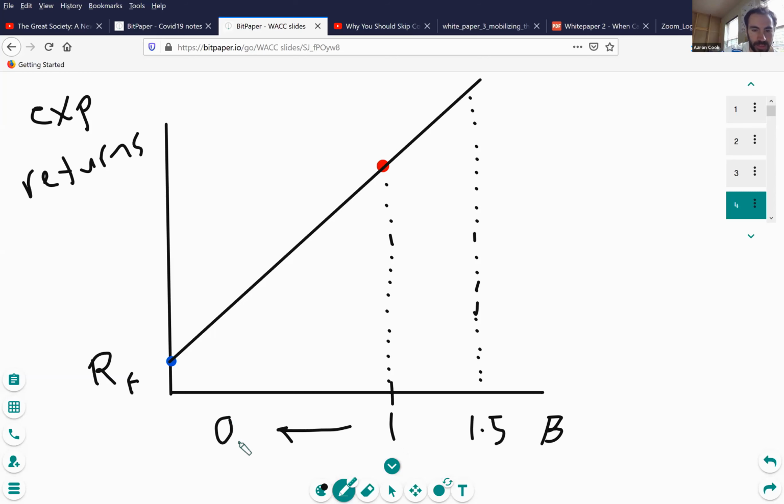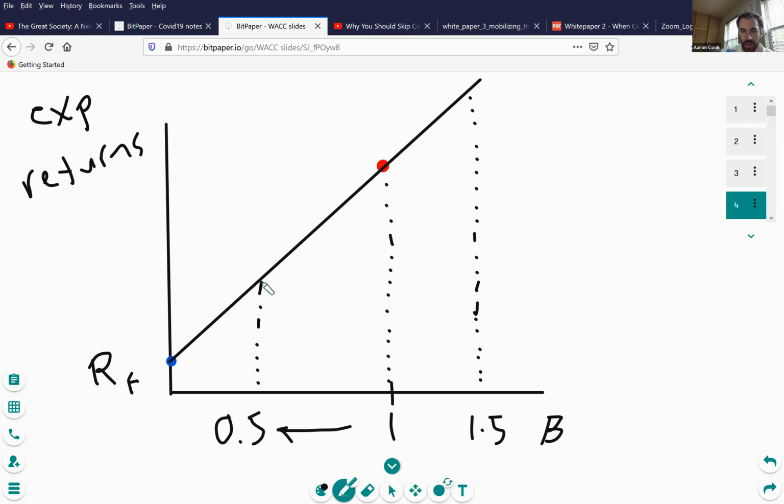If you have something that's less than 1, adding an asset that has a beta of less than 1 is going to actually somewhat reduce the risk of your portfolio relative to what the market as a whole is doing. So in that case, the beta is just the degree to which a particular asset moves along with the market, either in an exaggerated way or maybe in kind of a muted way.